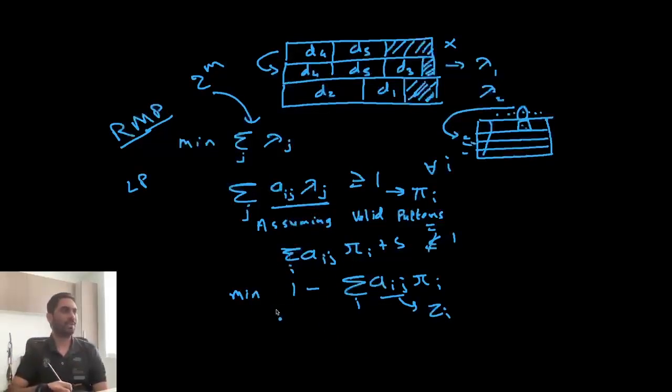That is something we have to make sure of while generating this pattern, so I can add it as a constraint. I can say that the sum over di zi, where zi says whether I decide to put item i in my pattern or not, calculates its weight, and that should be less than or equal to b.